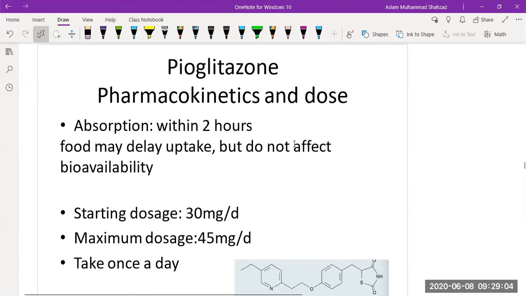For the pharmacokinetics, you need to see the pharmacokinetics of all anti-diabetic drugs, because you need to know when the drug will be absorbed and when the food will be given. I mentioned that absorption will be within 2 hours; food may delay it but does not affect bioavailability. The starting dose is around 30 milligrams, the maximum dose is 45 milligrams, and we give only 1 tablet a day.